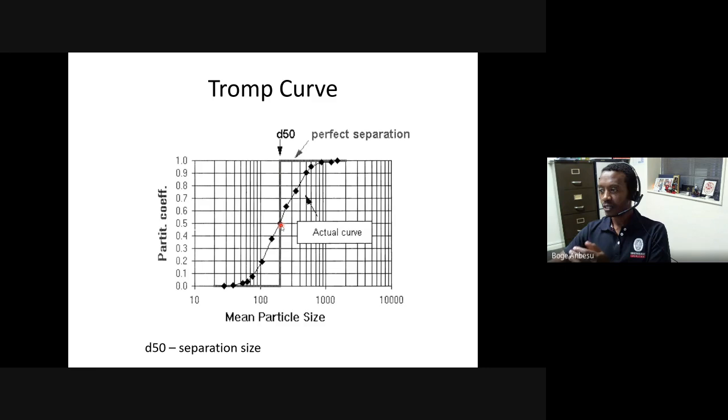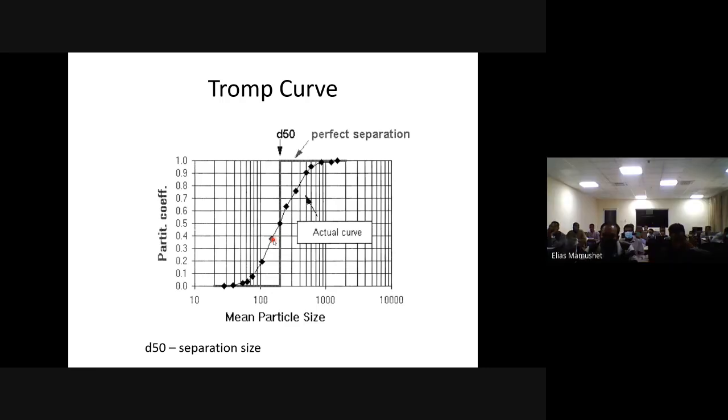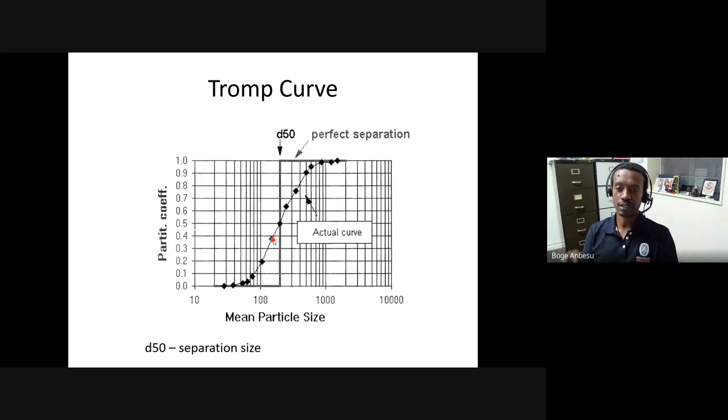So in this case, what we know from reality is if particles are, for example, very close to the 200, let's say 180 millimeter, those 180 millimeter particles have hard time passing through the 200 millimeter opening. That is because usually particles cannot be presented perfectly. Some will pass, of course, but some are not going to pass.